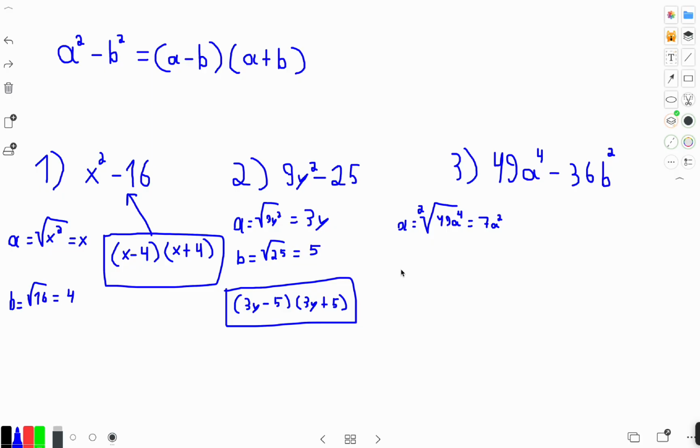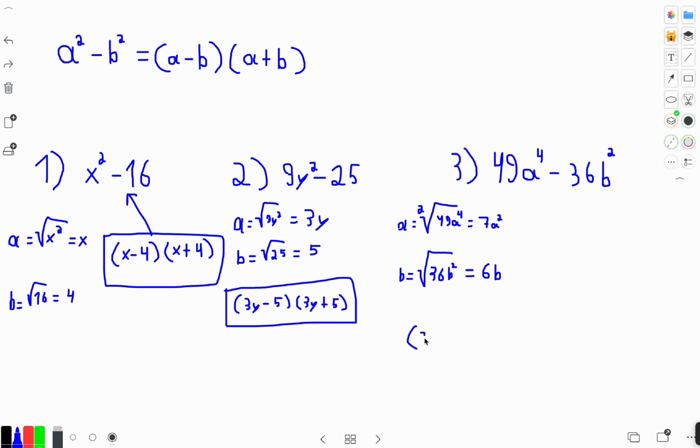And now let's find our b term, which is just going to be the square root of 36b squared. So the square root of 36 is 6, and the square root of b squared is b. Now that we have our a and the b, let's apply the difference of two squares.